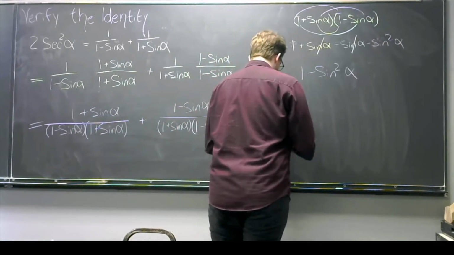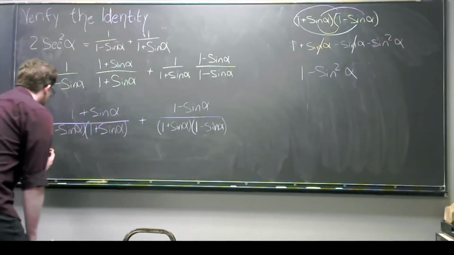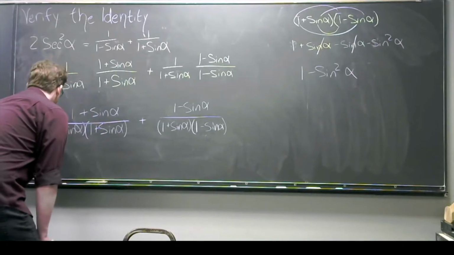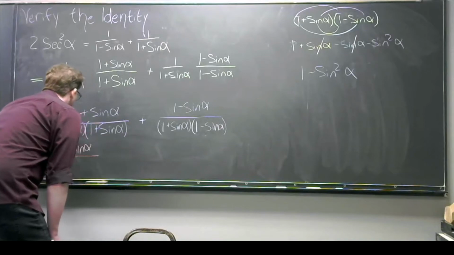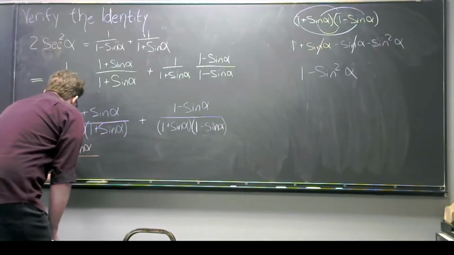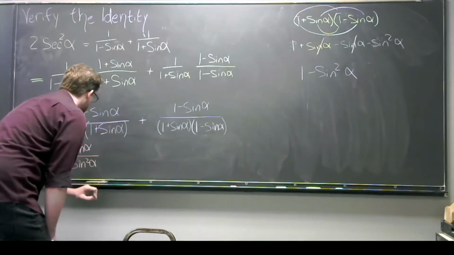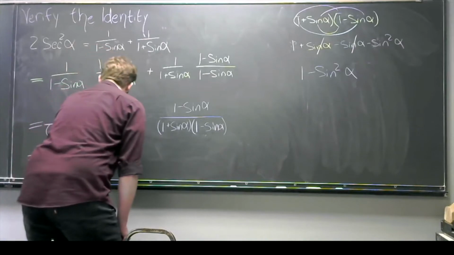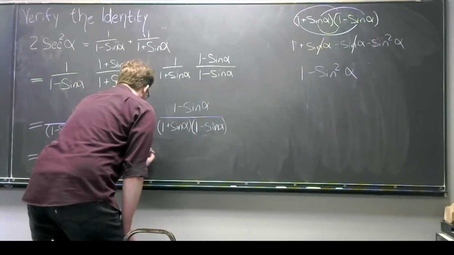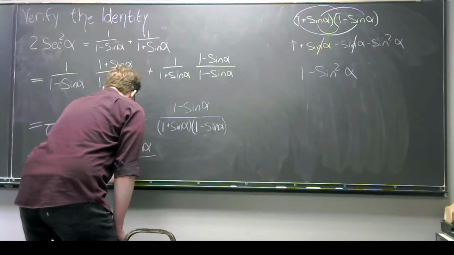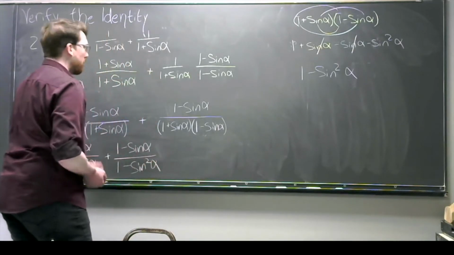Let's go ahead and do that now. So what we've got is 1 plus sine alpha over 1 minus sine squared alpha plus 1 minus sine alpha over 1 minus sine squared of alpha.